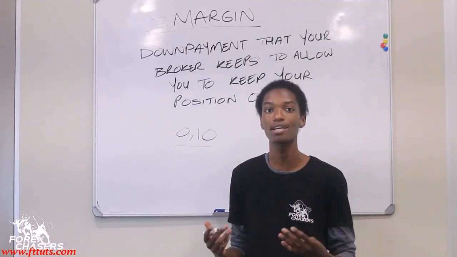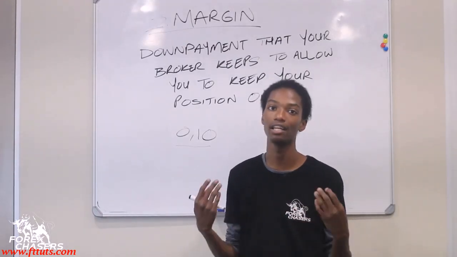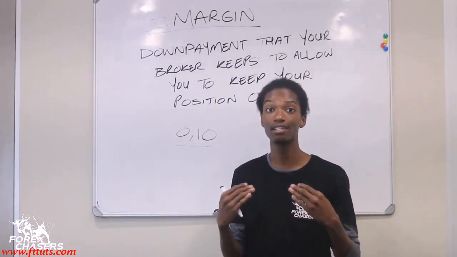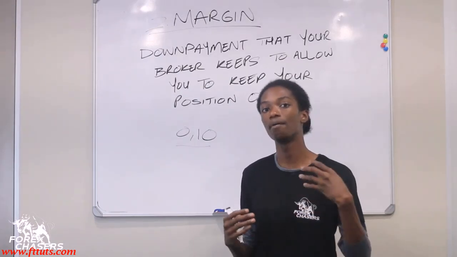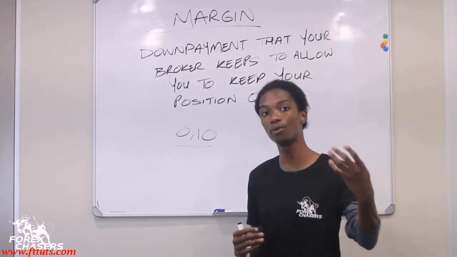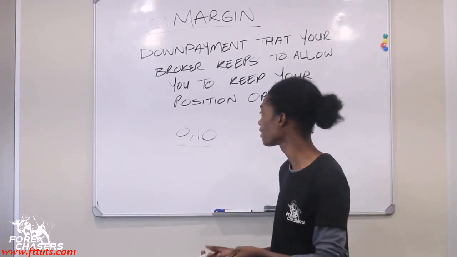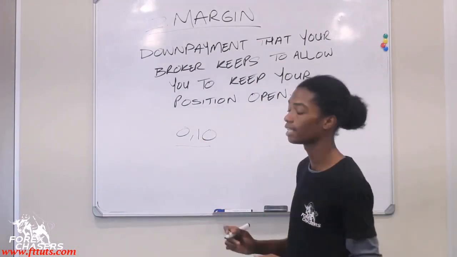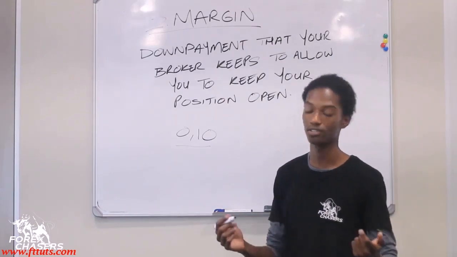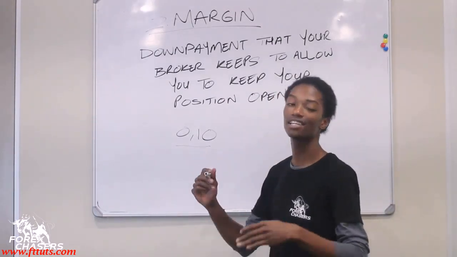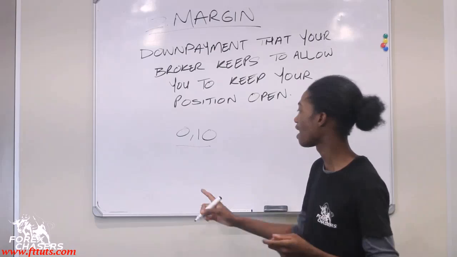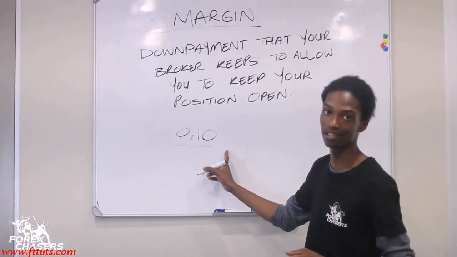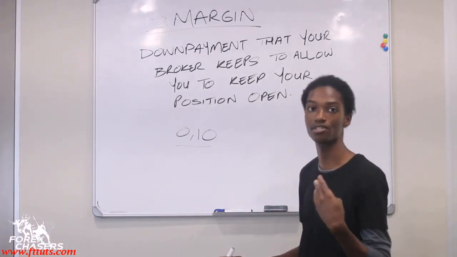Different brokers require different percentages for the margin that you need to put up to hold your position open. Just for a hypothetical example, let's say our broker requires $6 of margin for you to have this 0.10, or one mini lot, position open.